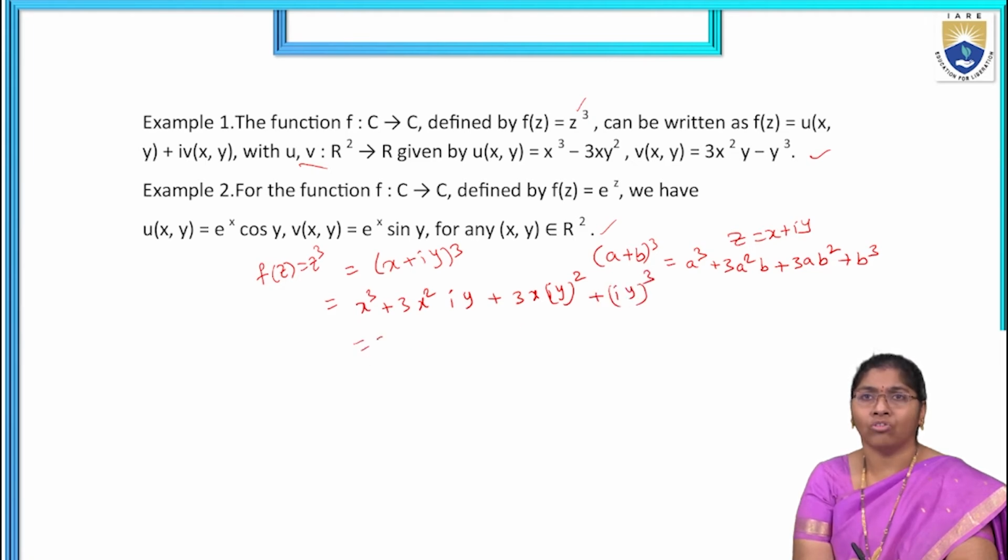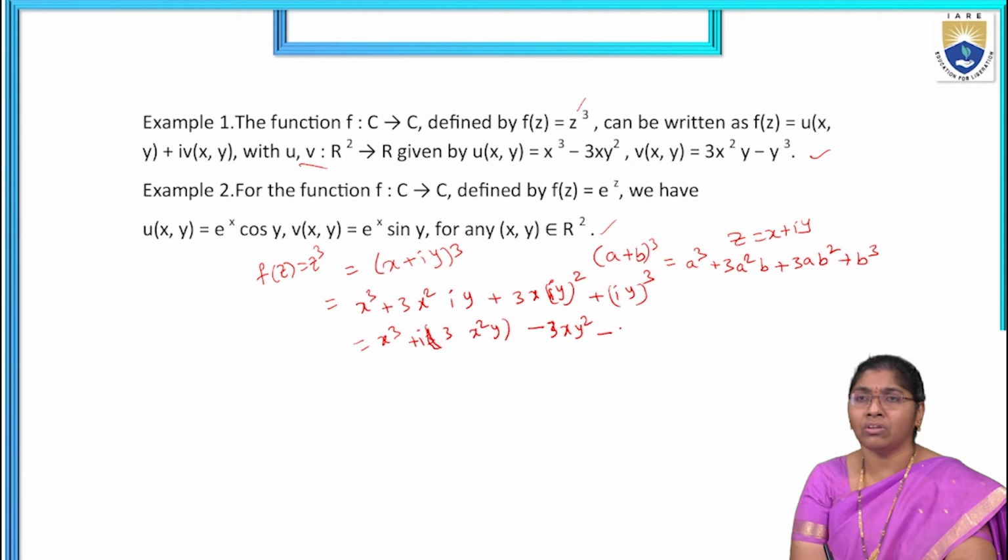That equals x cube plus 3x square iy, plus 3x y square times i square, and i square value is minus 1. That's why it is minus 3x y square. I cube can be written as i square into i, then i square value is minus 1 into i, so in total this is minus i. That's why I am using minus i y cube.